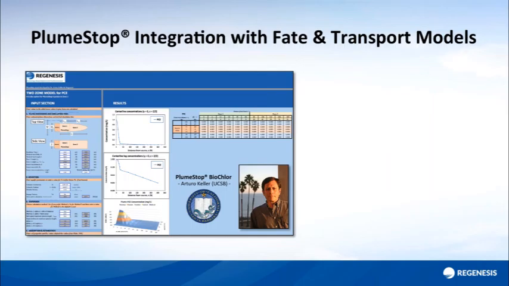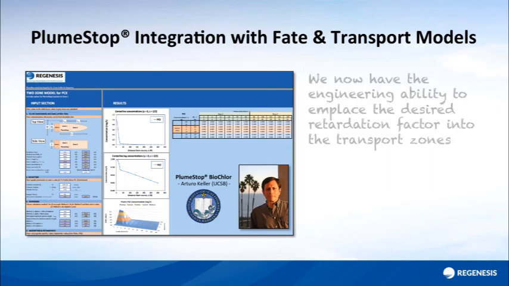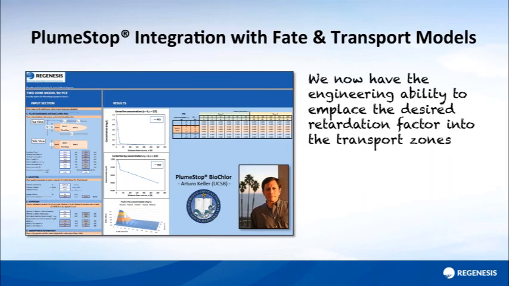Because basically we can do this because PlumeStop gives us the engineering ability to place a desired retardation factor into a transport zone. Let me say that again to you modelers. We now have the engineering ability to place the desired retardation factor into the transport zones, and we can do this without changing groundwater flow.